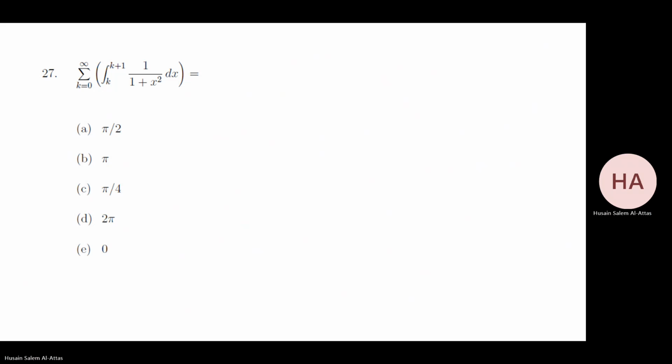Integral. Integral of k to the power k plus 1 over 1 plus x squared. You want the sum of this. Okay, how to do this? Notice one thing. This is 0 to 1 plus 1 to 2 plus 2 to 3 plus 3 to 4, plus k to k plus 1, until I reach infinity.